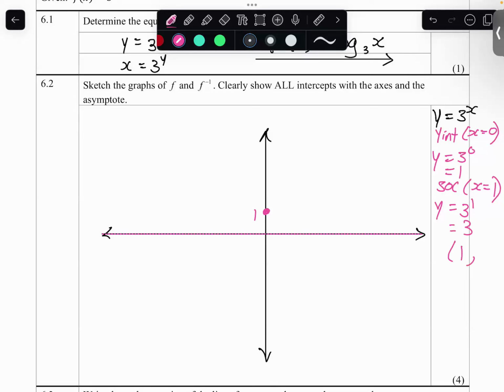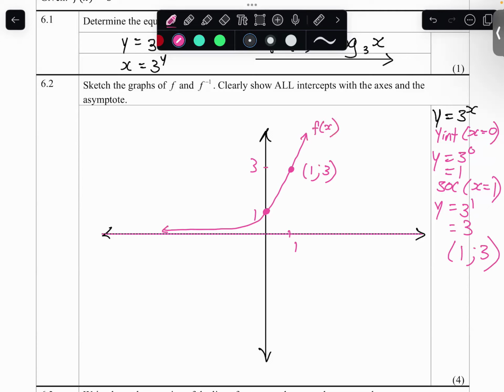My set of coordinates is 1 and 3. I'm going to plot 1 and 3 there. Make sure you don't pass through the asymptote. So the graph will look like that. That is f.